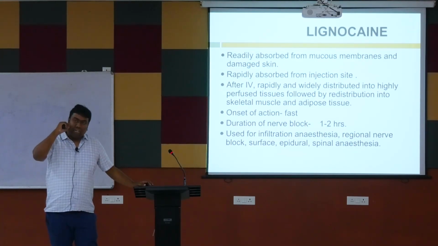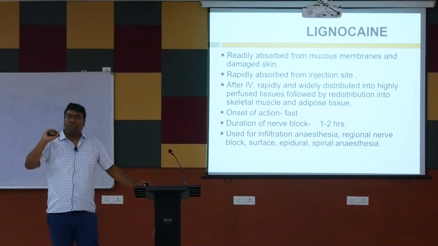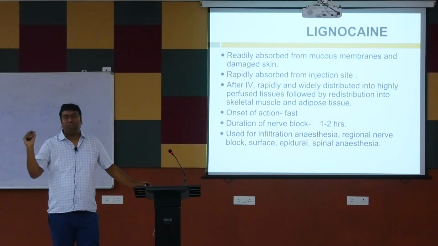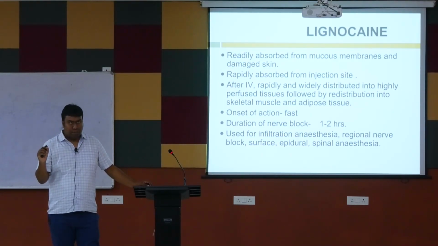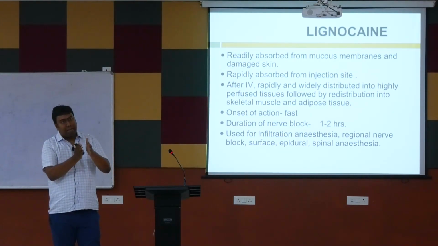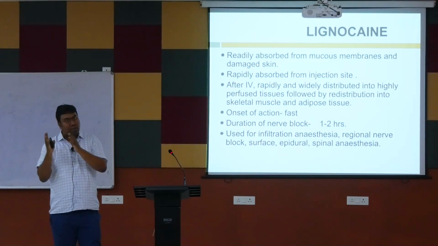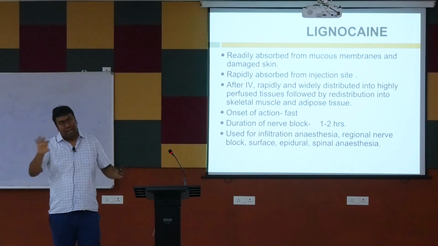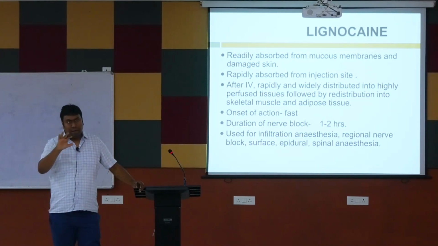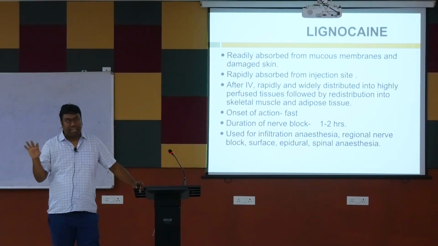We give an intravenous drug. The highest dose goes to the organ which is well perfused. From the blood, with the highest concentration, the well perfused organ, they are redistributed. First they go into the CNS and there will be an action in the CNS. Clear?